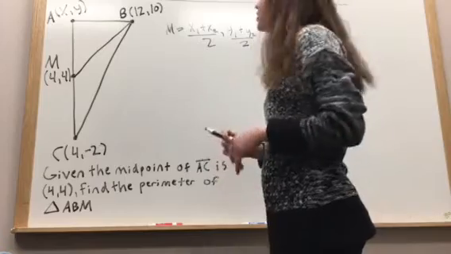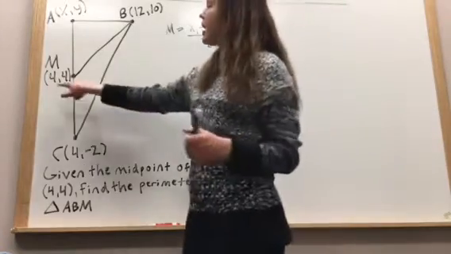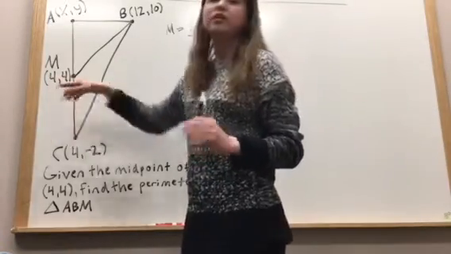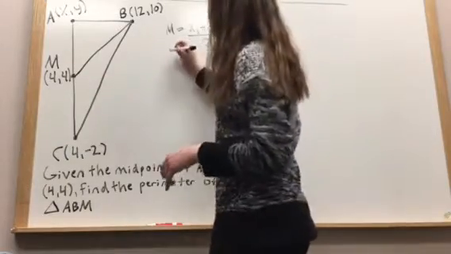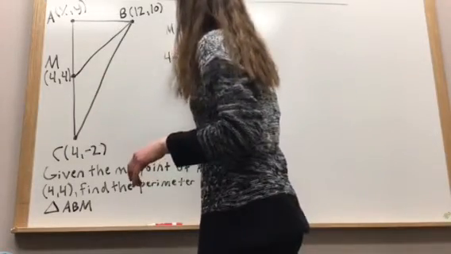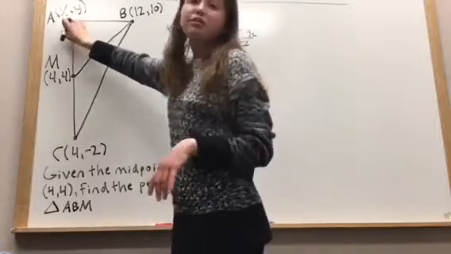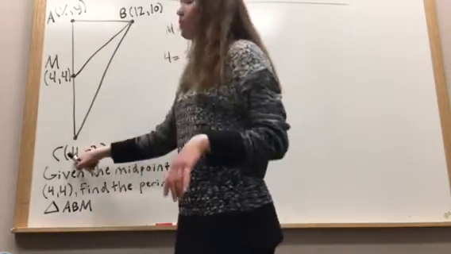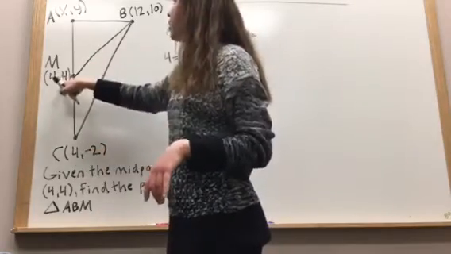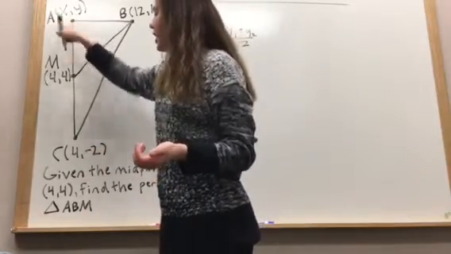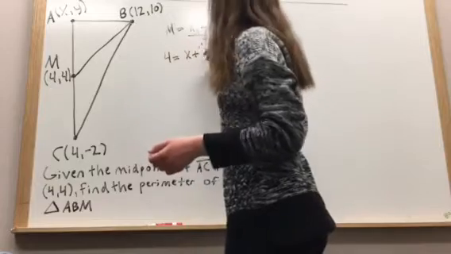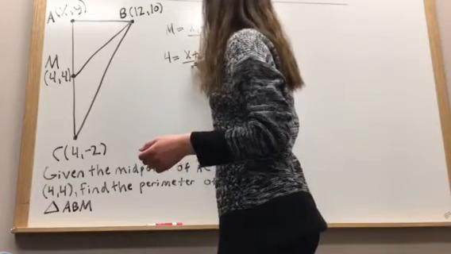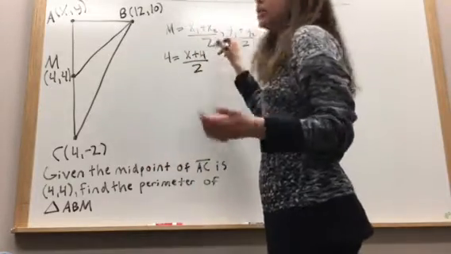So working in reverse, here's what I'm going to do. I know that my x coordinate for my midpoint is 4. So follow me while I do this. I'm going to say 4 is equal to my unknown value x plus my c value. This is my midpoint, so it's going to be the average between A and C. So x plus 4 all over 2, just following my formula.